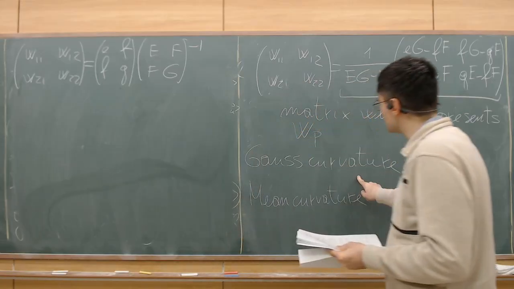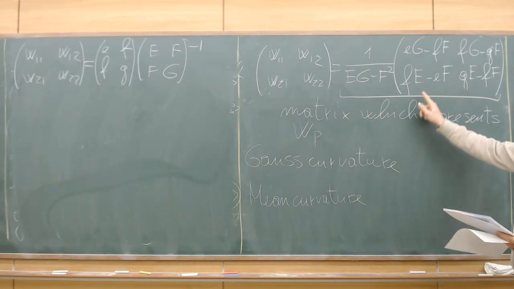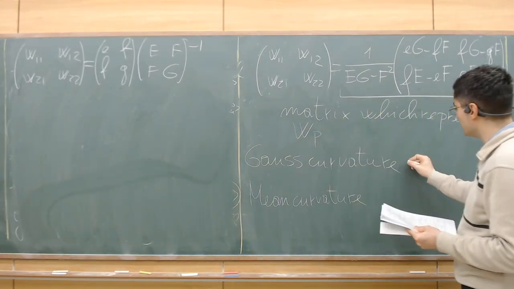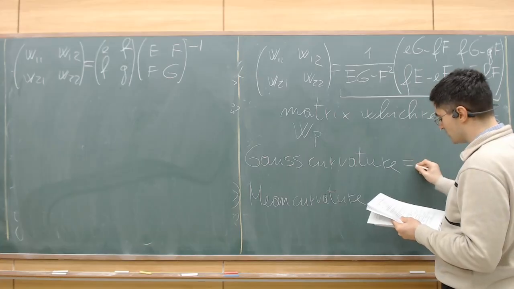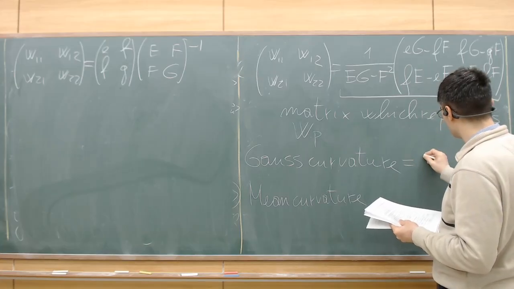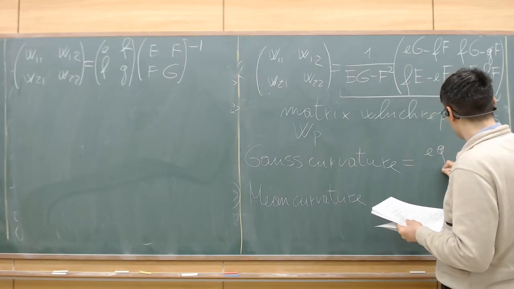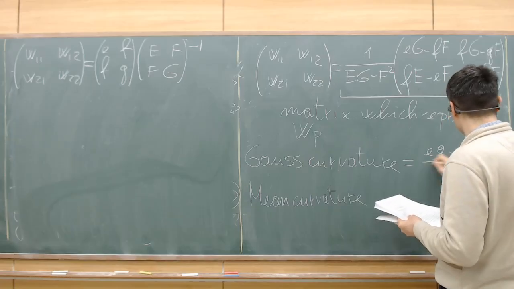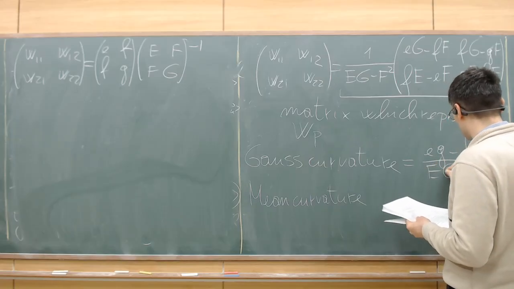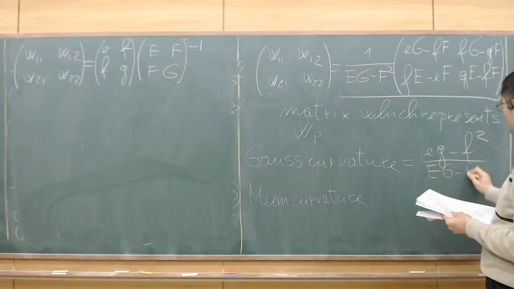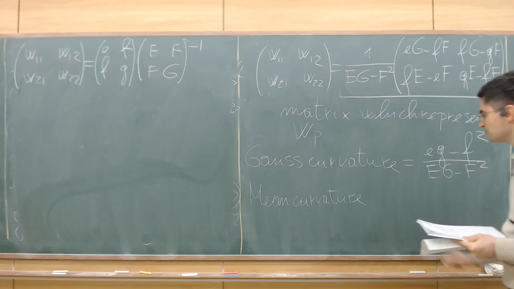The Gauss curvature is defined as the determinant of this matrix, and some computations give that this is equal to Eg minus F squared divided by capital E capital G minus capital F squared.